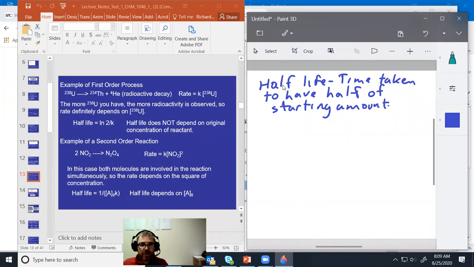So in the case of some radioactive element, let's say uranium-238, for example, it would be the time required for us to have half of what we started with.